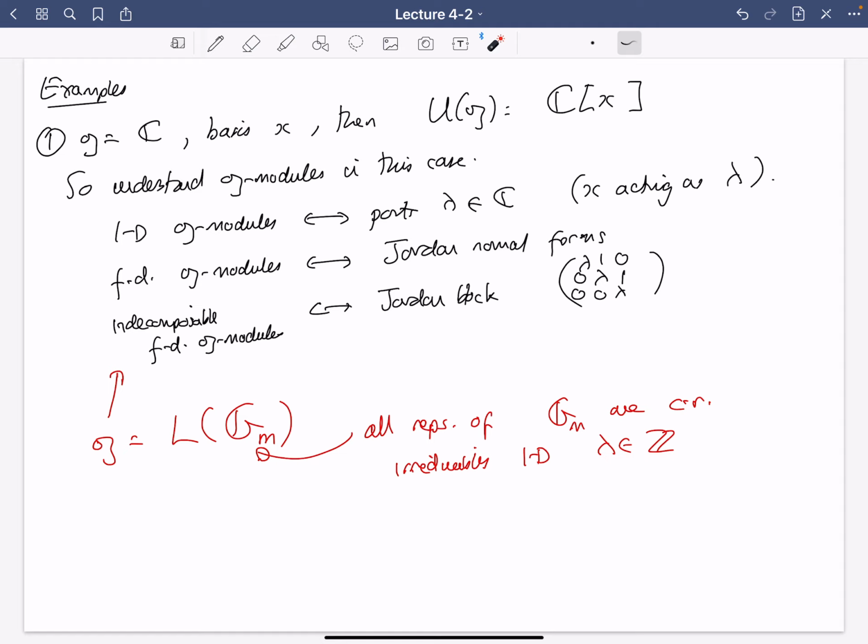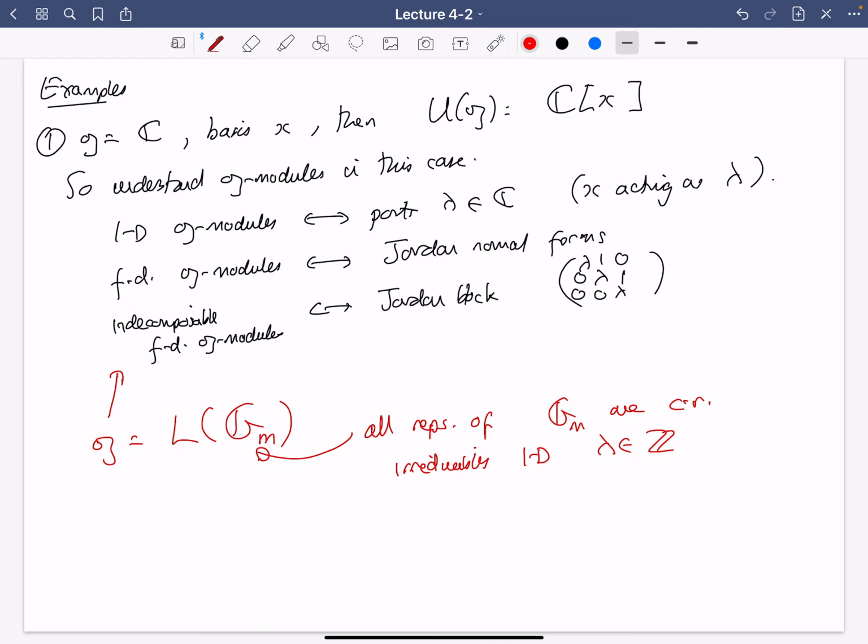Not only that, all representations of the group decompose as direct sums of these one-dimensional ones, whereas we're seeing for the Lie algebra that Jordan blocks give us a whole load of indecomposable representations. So this is just a silly example, really, but you're seeing how this correspondence between the group and the Lie algebra is not very tight in this case.